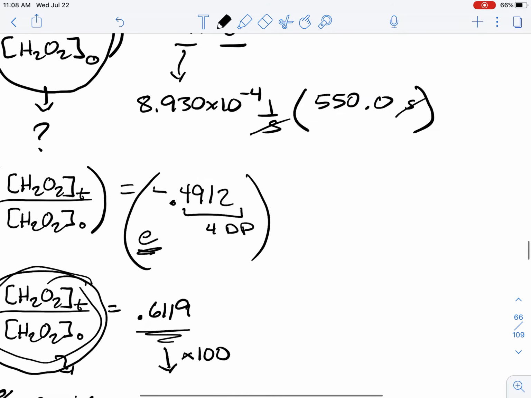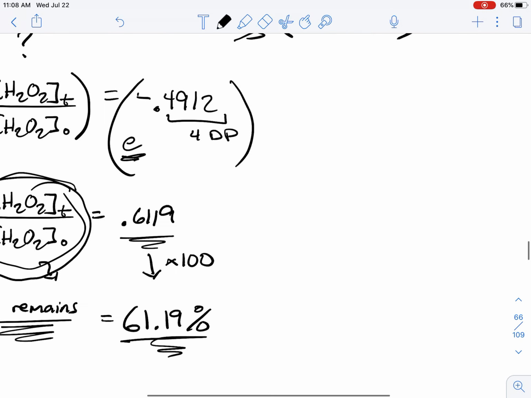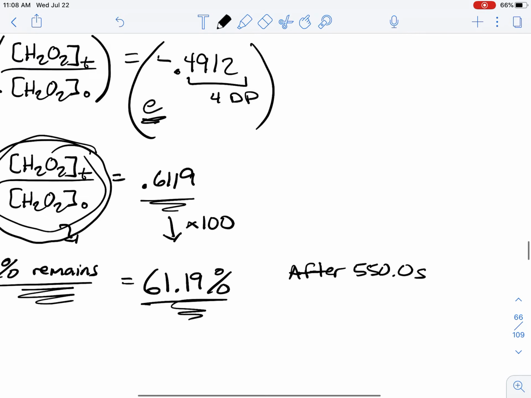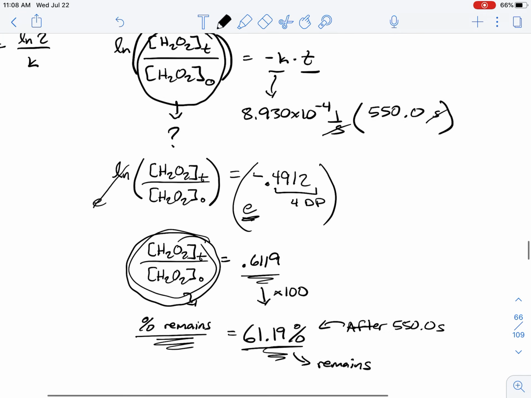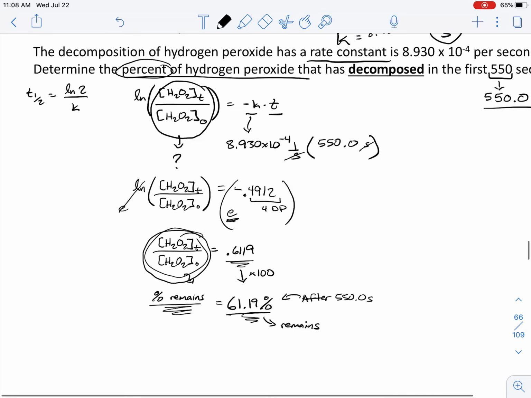This is telling you that after 550 seconds has passed, this is the percent that remains. It's always describing the percentage that remains.